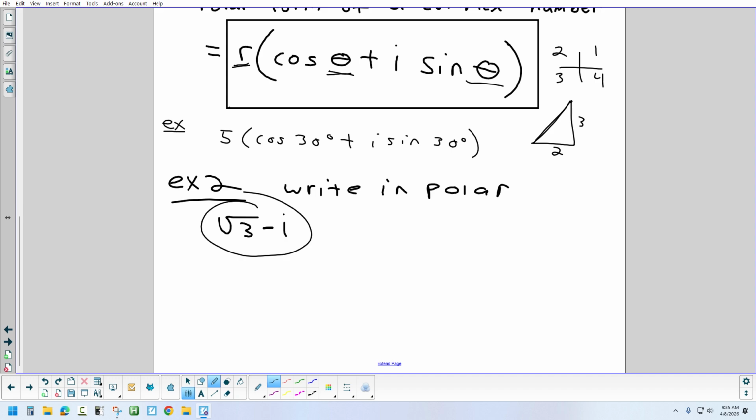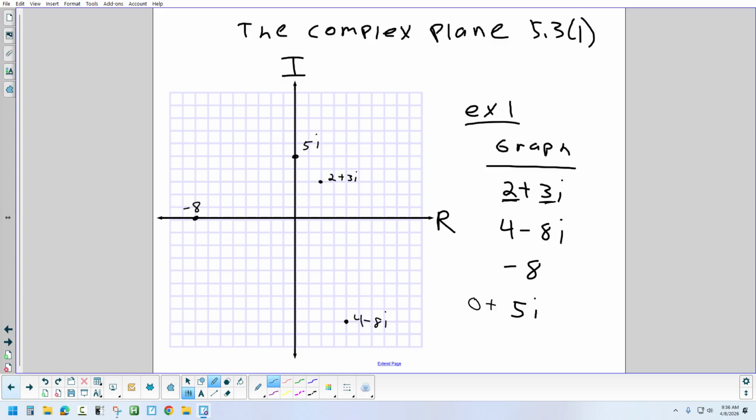Well, what does your formula for the angle depend on? Because we have more than one formula, right? It depends on what quadrant it's in. We have 2 different formulas. So first thing we're going to do is take that point and we're going to graph it so we can figure out the quadrant.